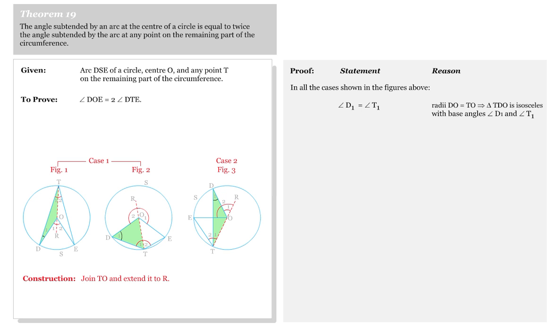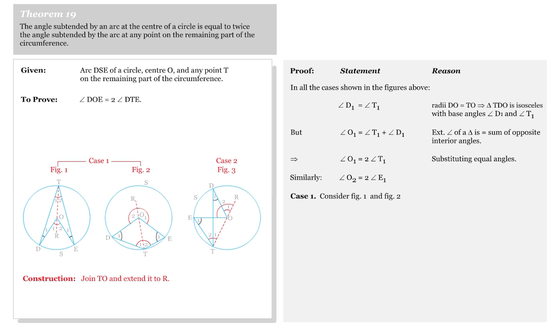But angle O1 is equal to angle T1 plus angle D1, because the exterior angle of a triangle is equal to the sum of the interior opposite angles. We hope that you remember this theorem. Similarly, angle O2 is equal to twice angle E1. This part of the proof applies to both case 1 and case 2. But from now on, we must consider each case separately.